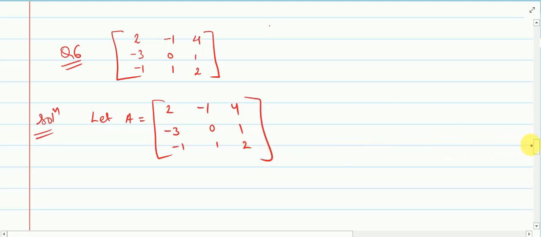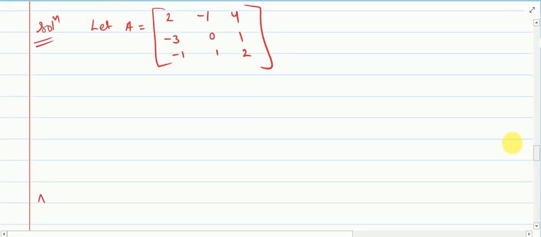Before we operate this elementary row operation, we need to check whether this will have an inverse or not.